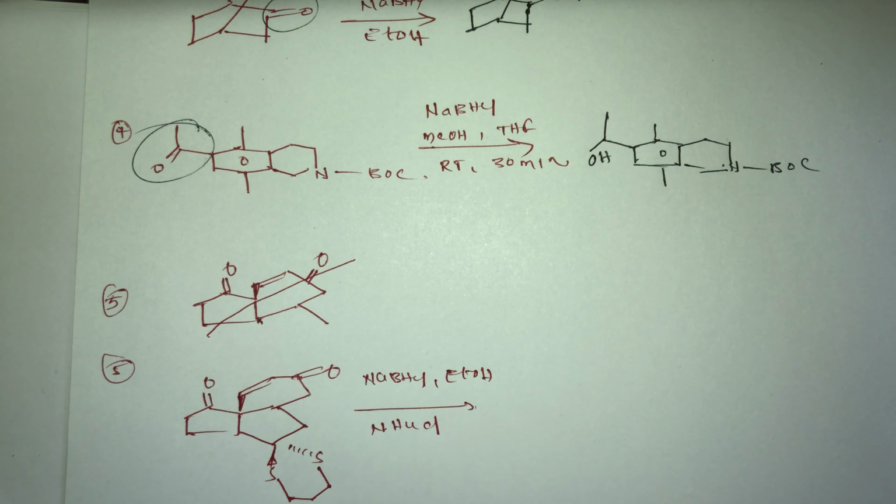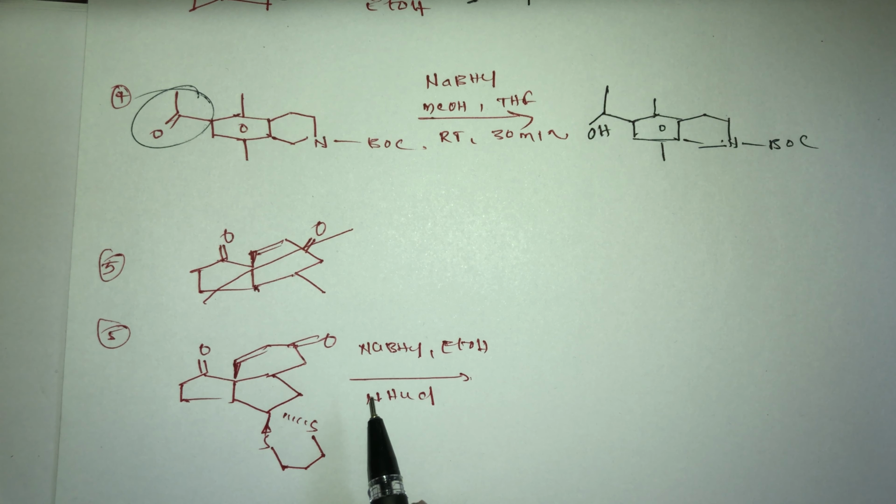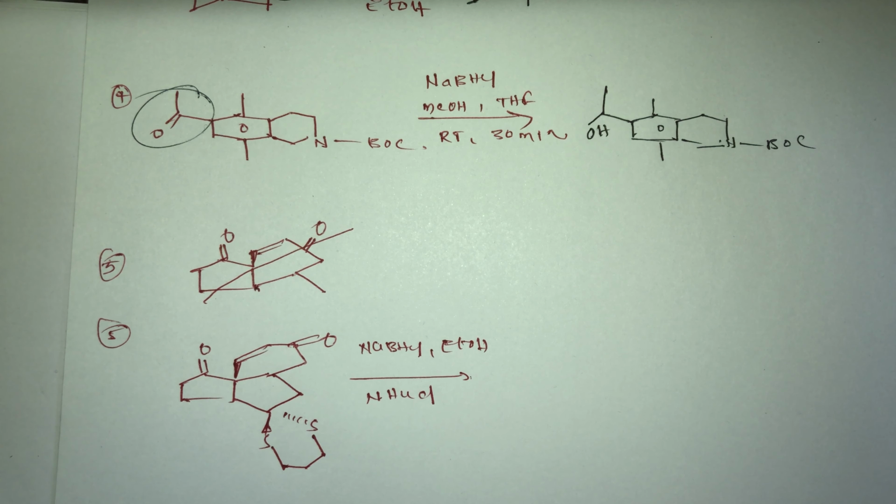And if you see here, what exactly is happening in this reaction? We have a stereochemistry in this reaction, right? So where will the hydrogen attack, whether above the plane or below the plane?